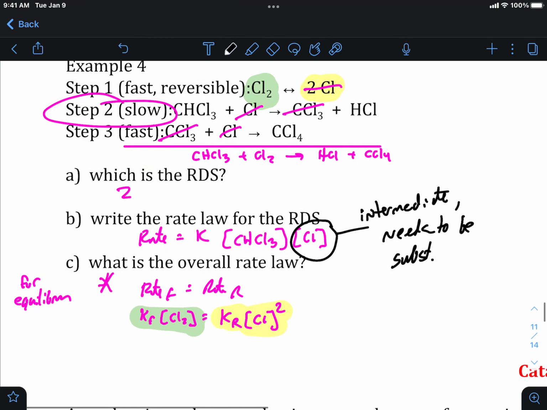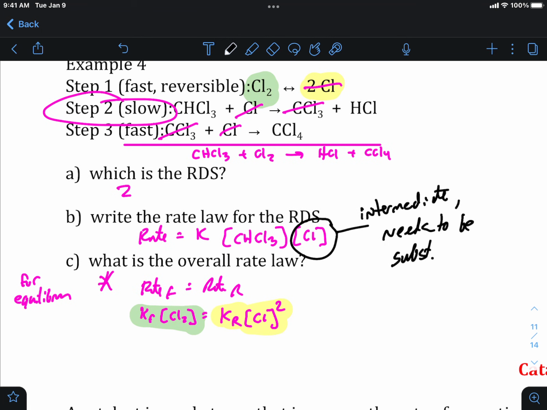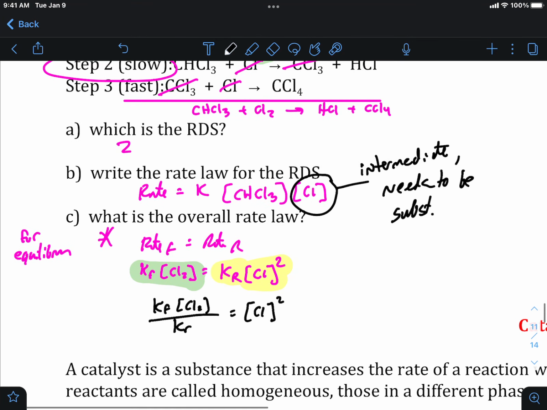Okay. So what I want to do is rewrite this equation to solve for Cl. So Kf times Cl2 over Kr is equal to Cl squared. But that is not Cl, that is Cl squared.